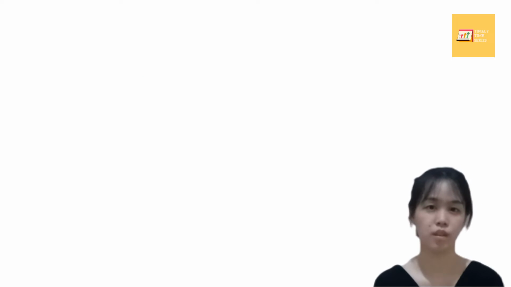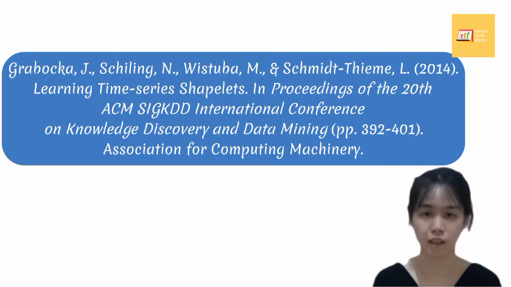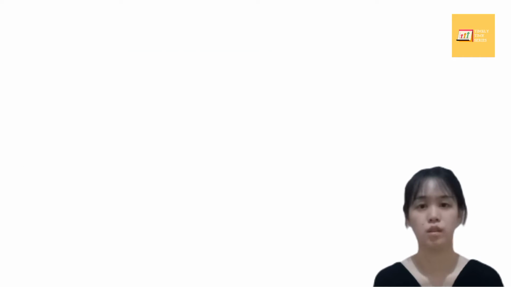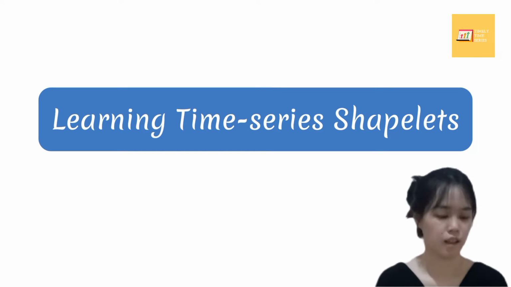So naturally, researchers want to find faster algorithms, right? Some of the alternatives were already proposed and discussed in their papers. And in 2014, Grabocka and others proposed a new algorithm, which is called Learning Time-series Shapelets, or LTS.